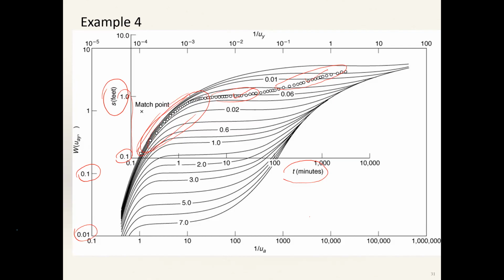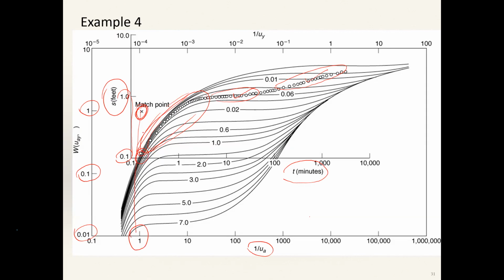Then, similar to the solution that we discussed earlier, curve matching, we find any convenient point. Most of the points should be matched with one of these curves. Then select any point that you like. Here we have the well function W(u_A) equal to 1, and 1 over u_A from here equal to 1.